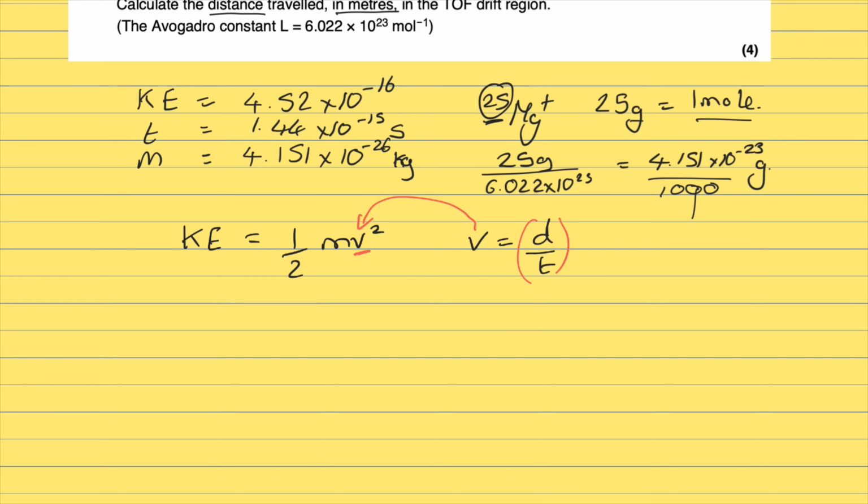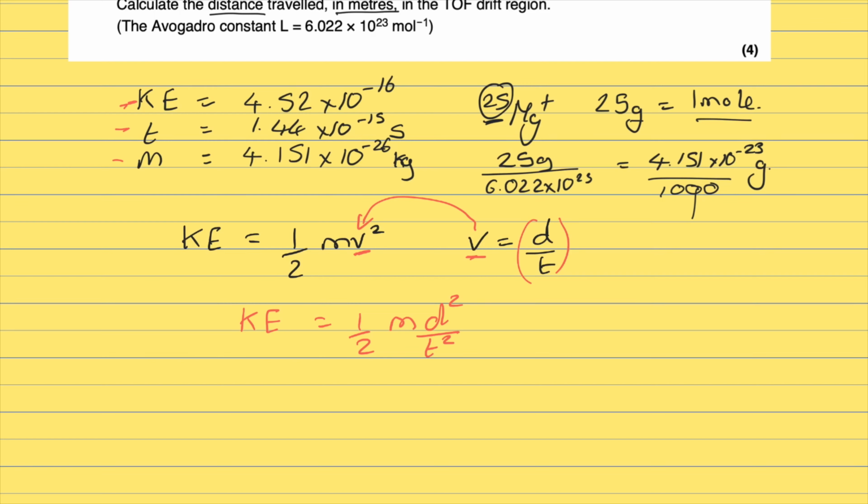Because the v appears here and the v appears here, I'm going to merge the two equations together to come up with a new one, which is KE equals 1/2 m d squared over t squared. Now I can take the information that I've got up here and put it into my equation. I can rearrange the equation to get it in terms of d, and then I can solve.